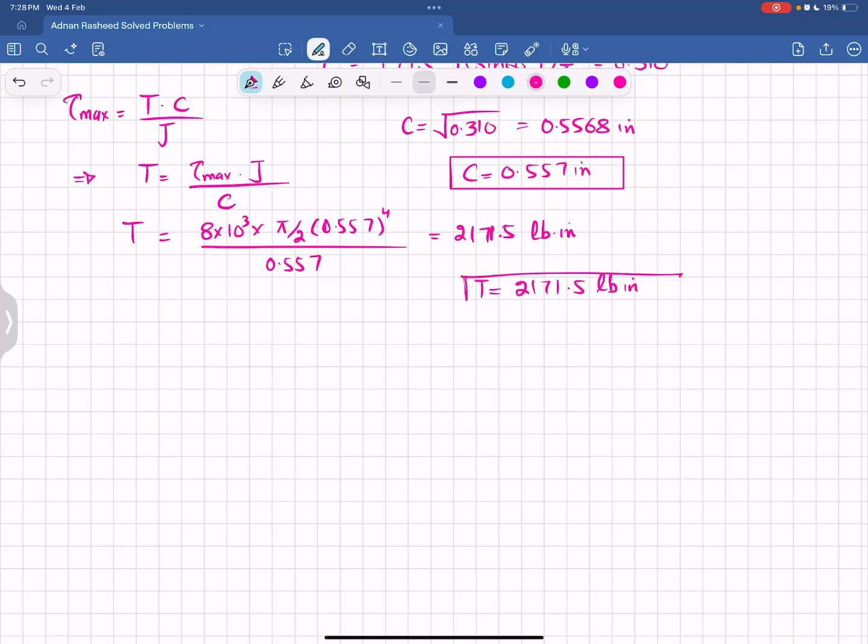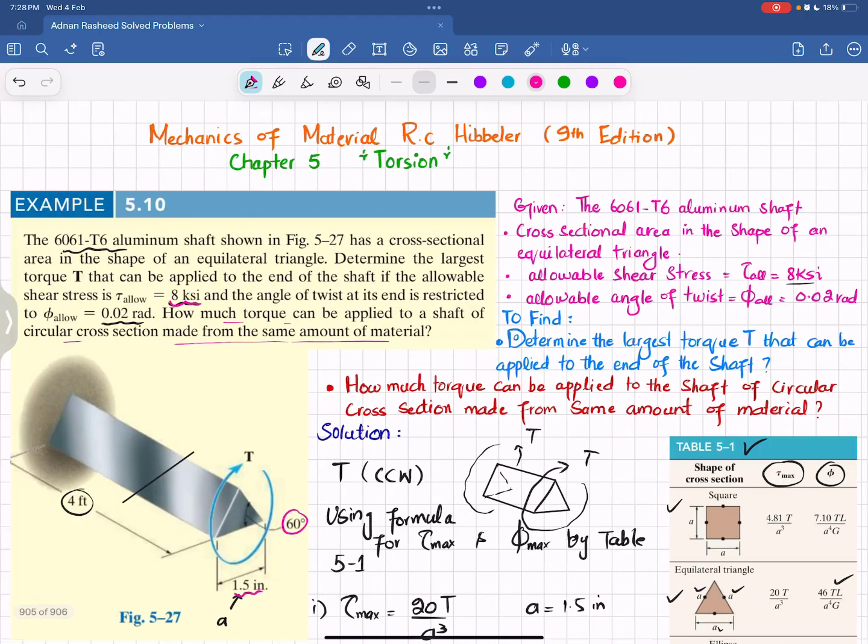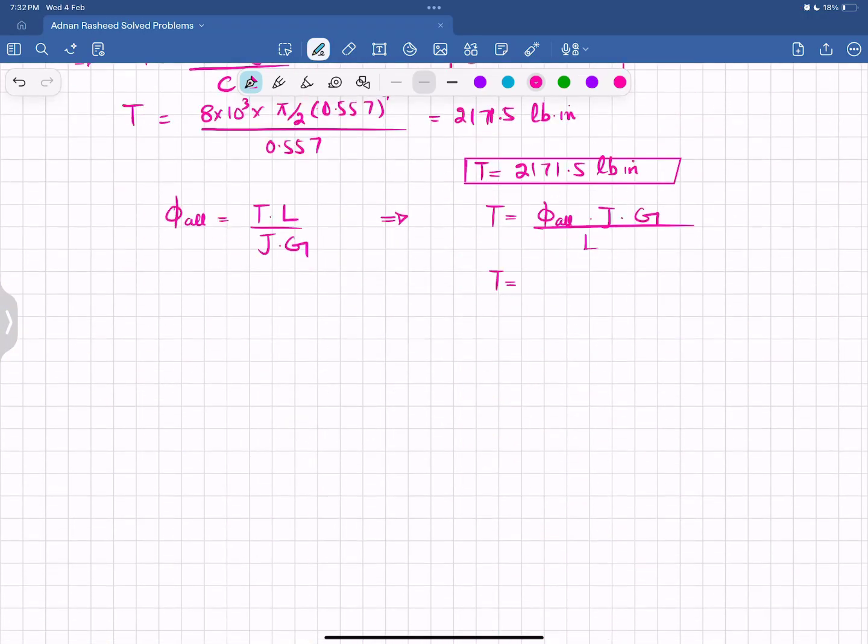Okay, now we will calculate the torque based on the maximum or allowable angle of twist, that is equal to T into L divided by JG. So from here we will have this torque is equal to allowable angle of twist into J multiplied by G divided by this L. So we'll put the value: allowable angle of twist is 0.02 radian.